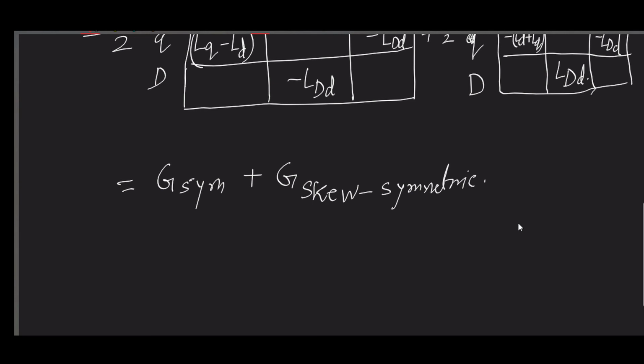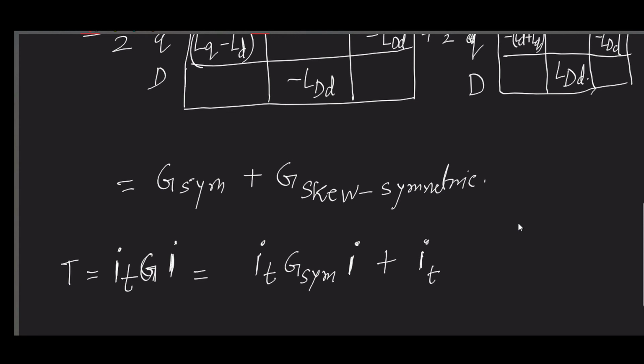Now when we do this, T is equal to I transpose G I, then you will see that it will result in I transpose G symmetric I plus I transpose G skew symmetric I, right?